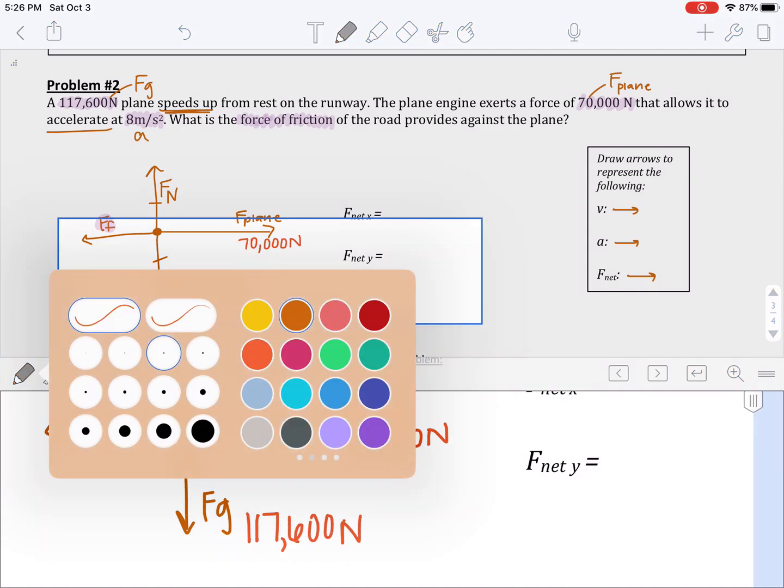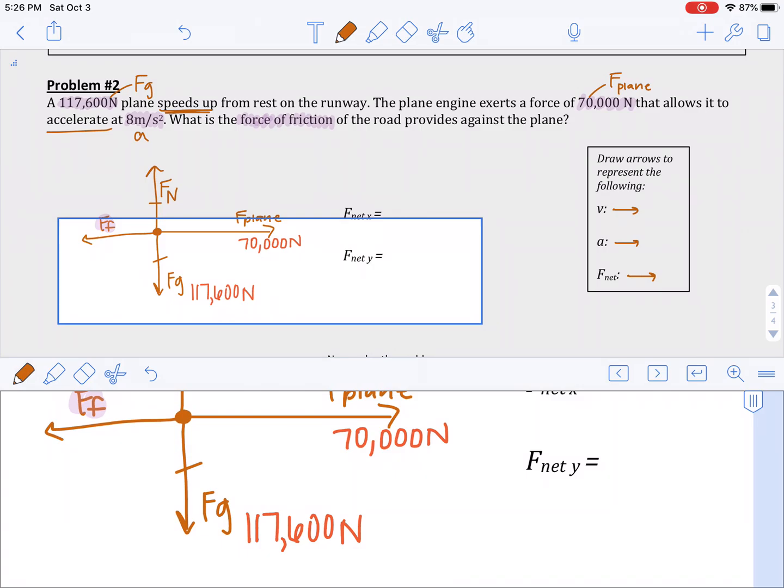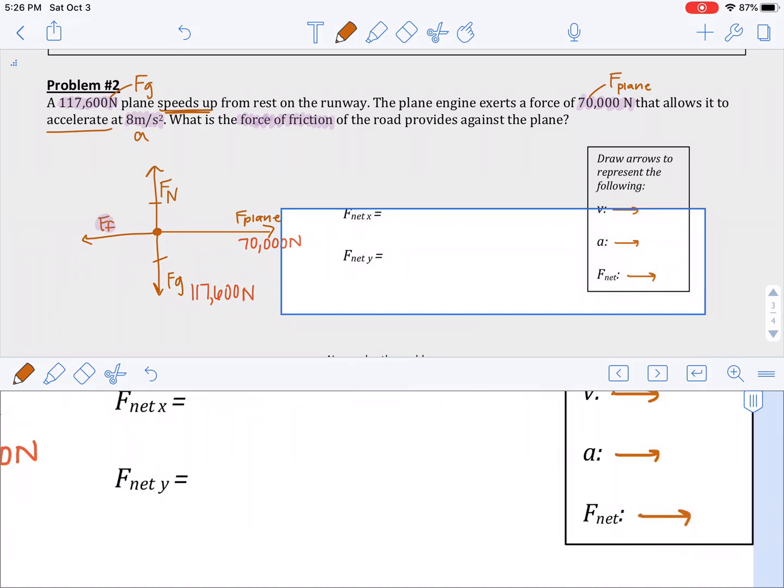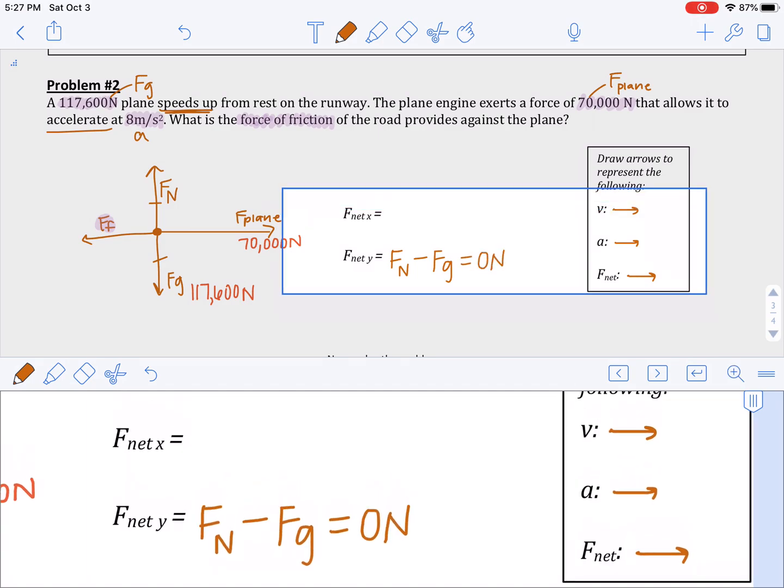Okay, now I'm ready to write my F net equations. I like to always start with whichever direction, the X or the Y, has a net force of 0, just because I think it's a little bit easier. So for F net Y, this is 0, is equal to 0. I've got my normal force that's up, my force of gravity that's down, so I subtract it, and that's all equal to 0.